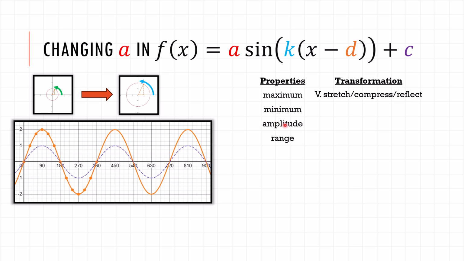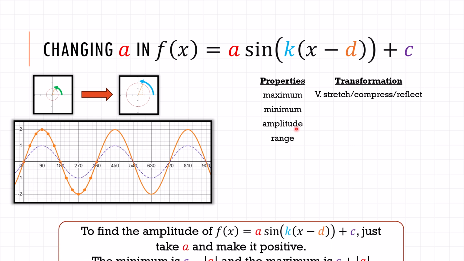Not only does it change the amplitude, but if the amplitude gets larger, the maximum gets higher and the minimum gets lower. And therefore, those two things, which the range relies on, will directly impact that range. The A value does, as we know, a vertical stretch or a compression or a reflection. To sum it all up, when we change A, we change the amplitude.